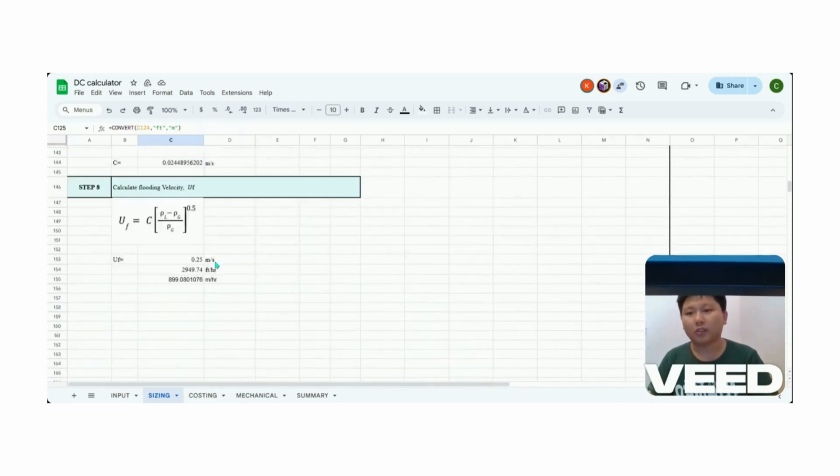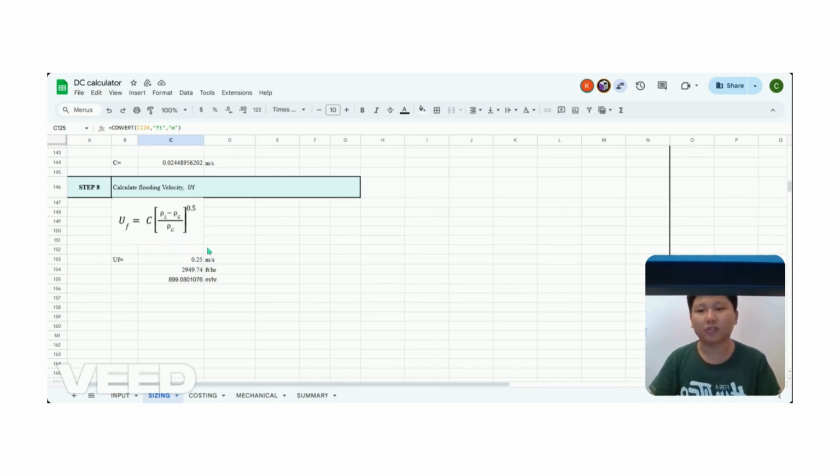Next, we'll proceed with the flooding velocity. So flooding velocity will be the capacity parameter multiplied with the difference between density of liquid and density of gas, then divide by the density of gas, then power of 0.5.